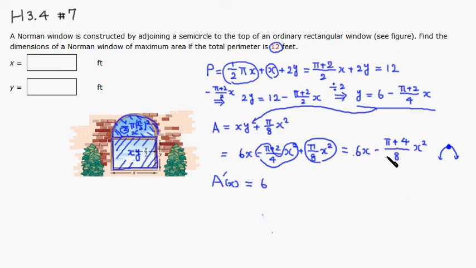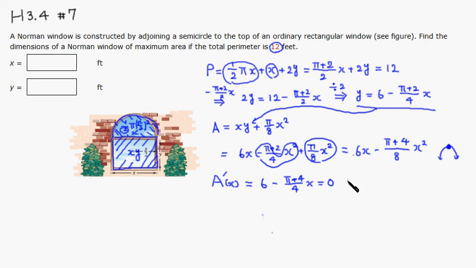The derivative of negative (pi plus 4) over 8 x squared would be, put 2 in front, then 2 and 8 cancel out, so it's negative (pi plus 4) over 4 x. Then we set that equal to 0 since we're looking for the critical number.